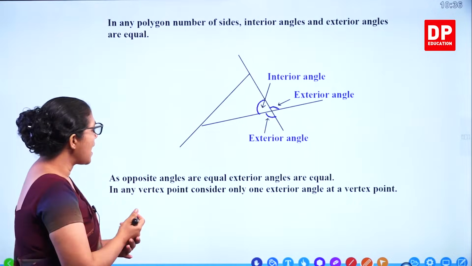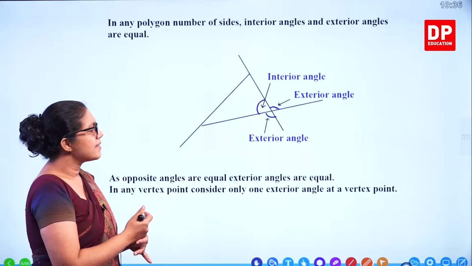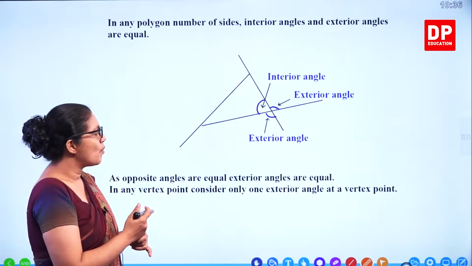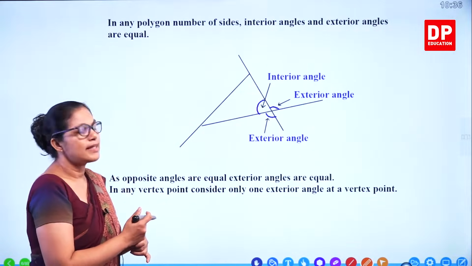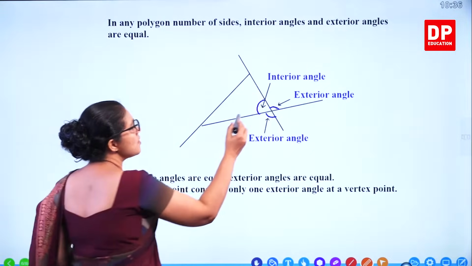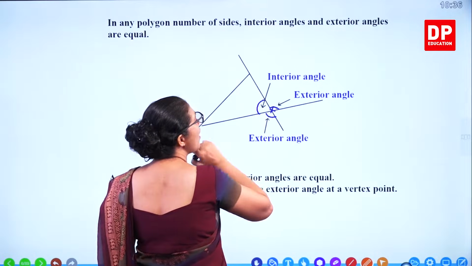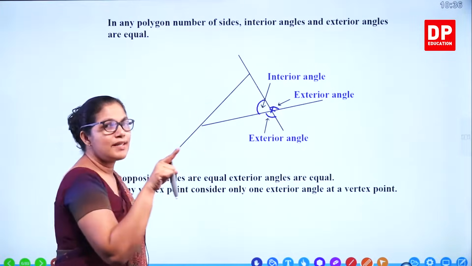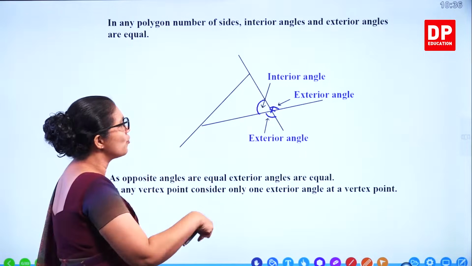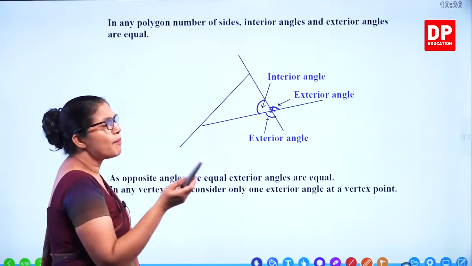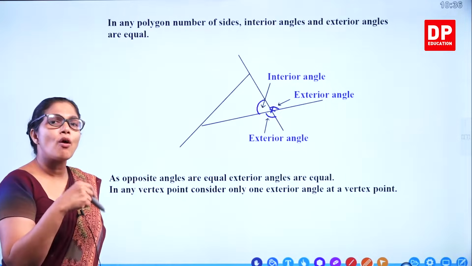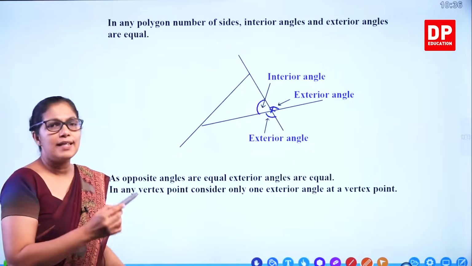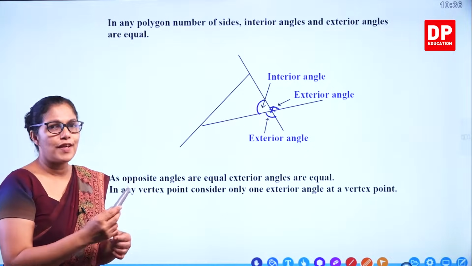As opposite angles are equal, exterior angles are equal, so at any vertex point, consider only one exterior angle. If you take one point, you extend the line towards only one direction. No need to extend both ways. So what we do normally, we either take the clockwise or anti-clockwise way to extend the lines, not both ways.